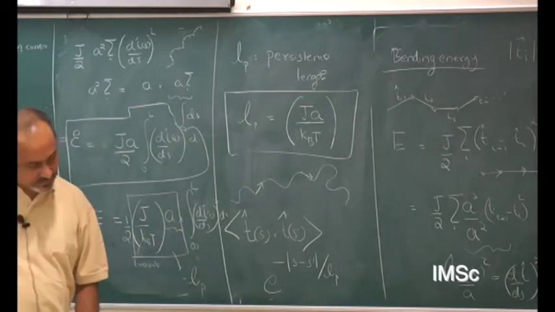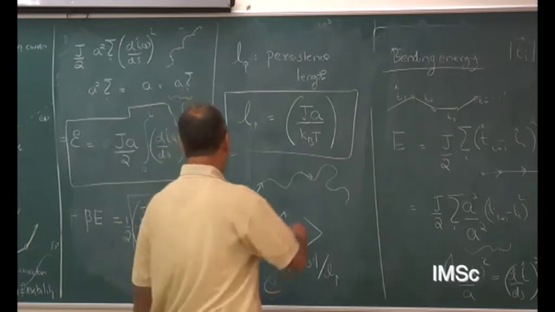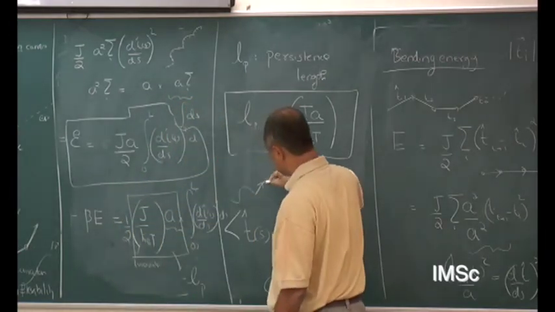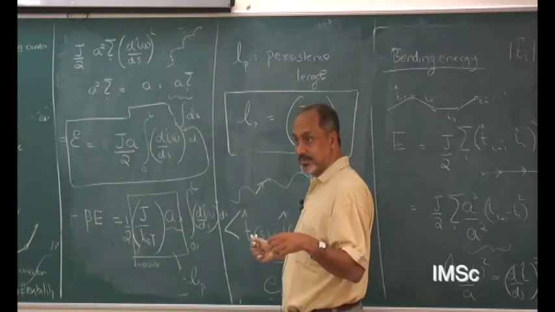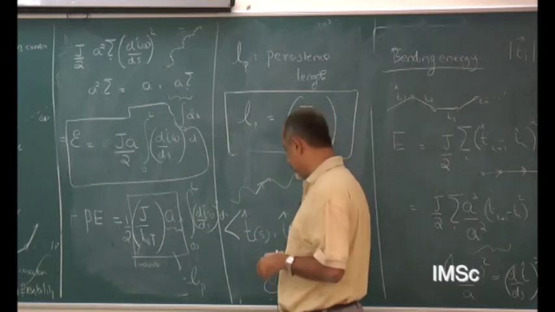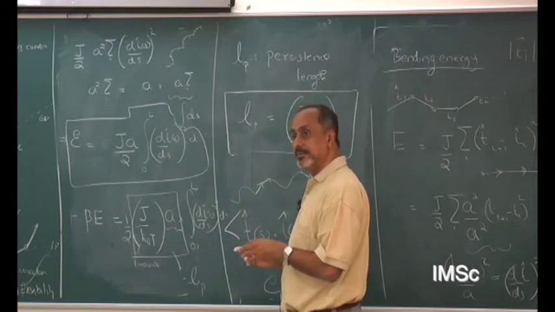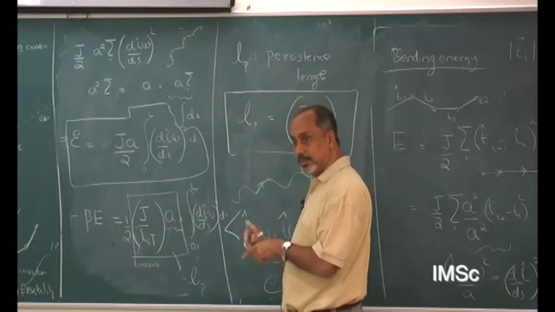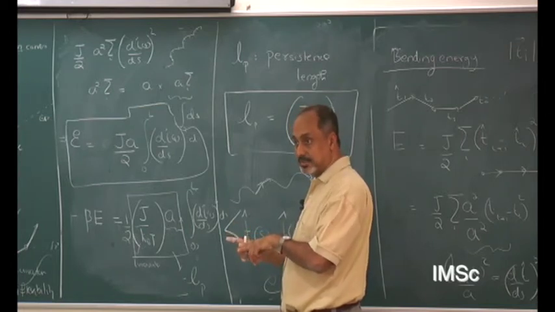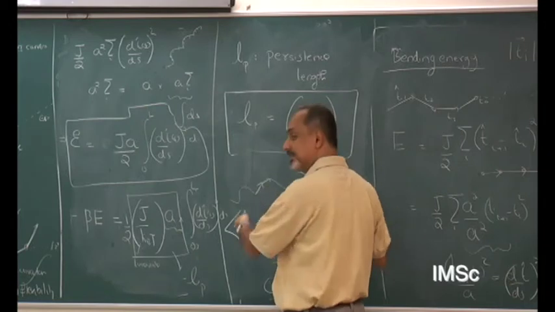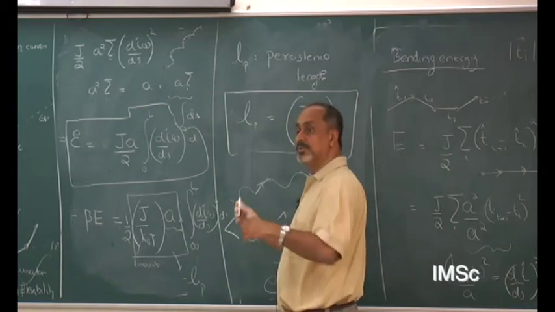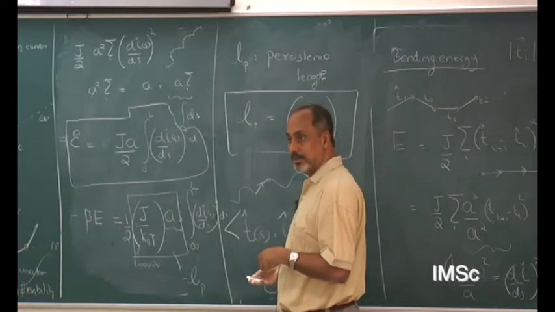So the interpretation of that is that points that are close together tend to remain stiff. There is a strong correlation between, if S' is very close to S, S and S' are very strongly correlated, and they don't tend to deviate much from each other. As I make these points go further and further away, thermal fluctuations become more and more important.